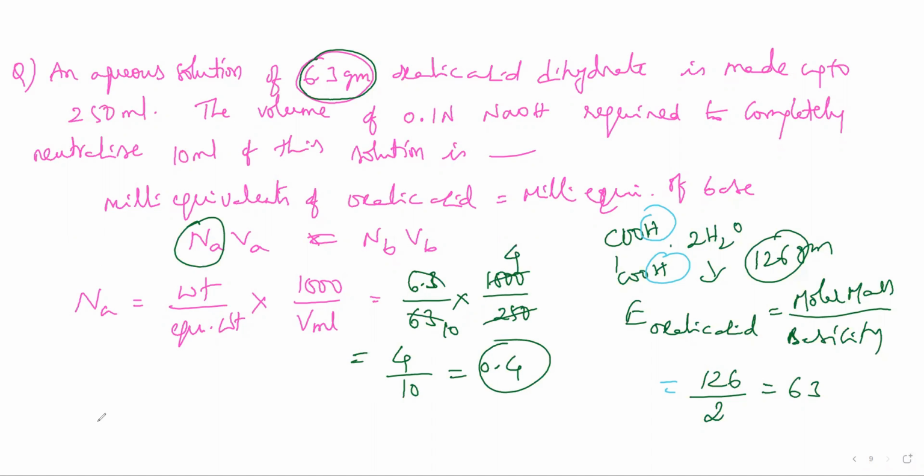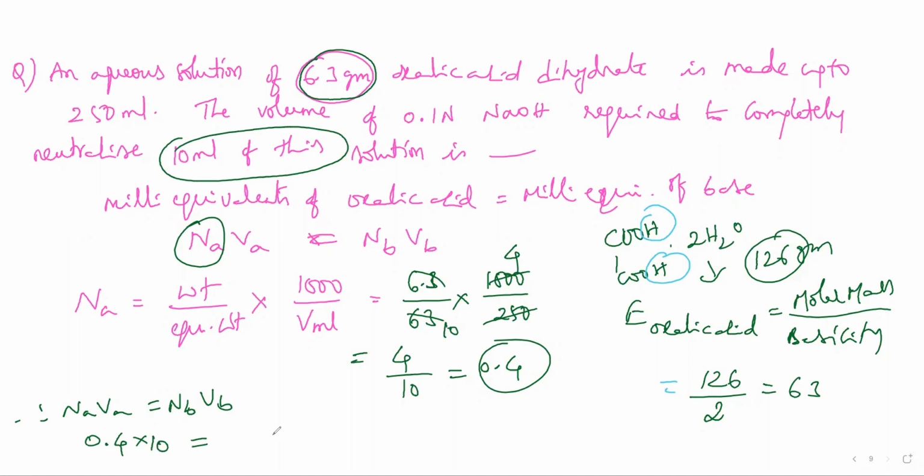Now substitute here. Therefore, NaVa is equal to NbVb. What is normality of acid here? 0.4. Volume of acid, 10 ml of this solution. Normality of base, it is given there, 0.1. And what is volume of NaOH required? This we need to find out. 0.4, 4 times. 4 into 10, 40 ml.